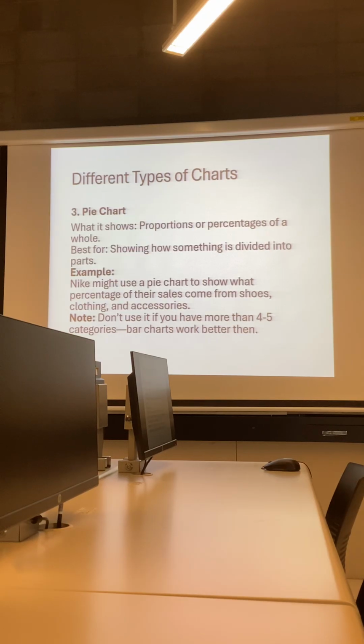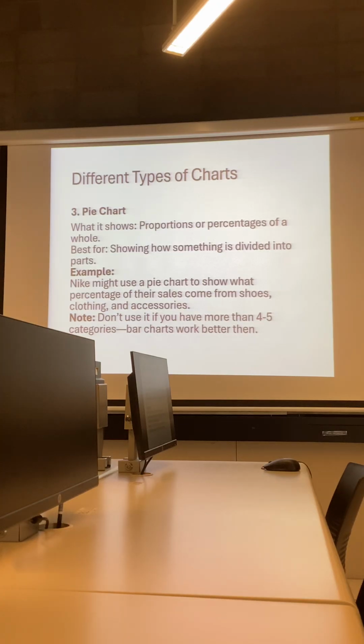A pie chart is suitable for showing how something is divided into parts. For example, Nike might use a pie chart to show what percentage of their sales come from shoes, clothing, and accessories. Actually, pie charts are mostly used for percentages. But if you don't want to use percentages, you can still use a pie chart.